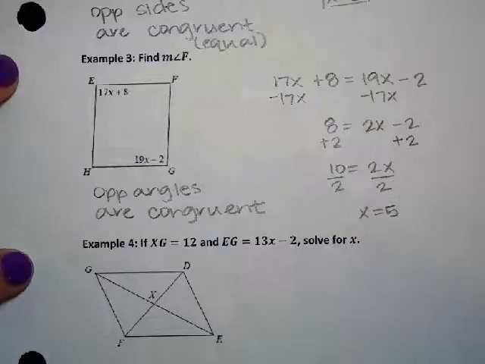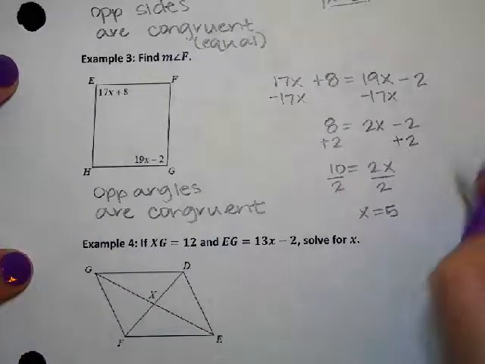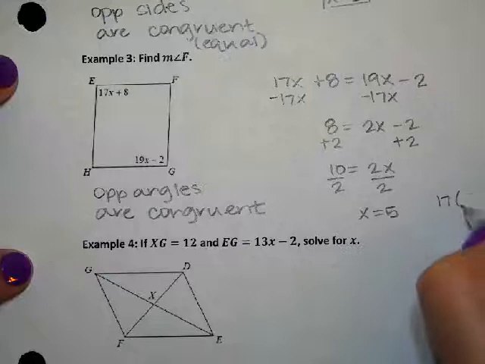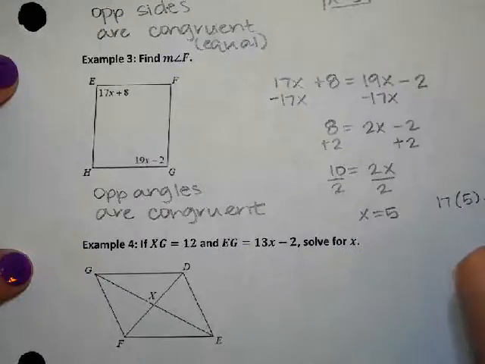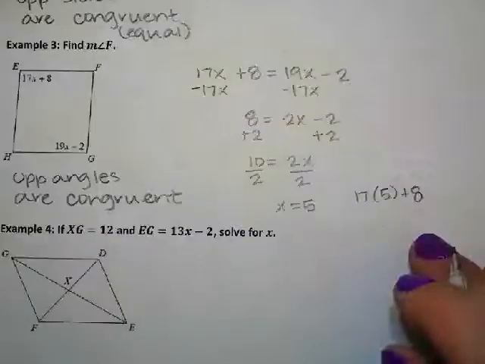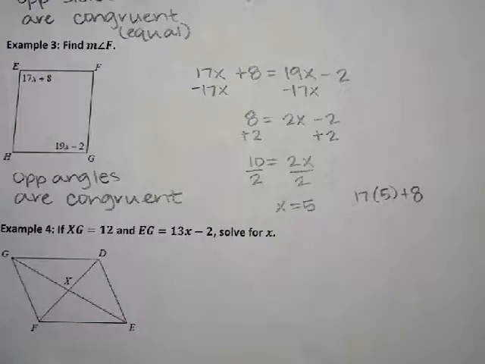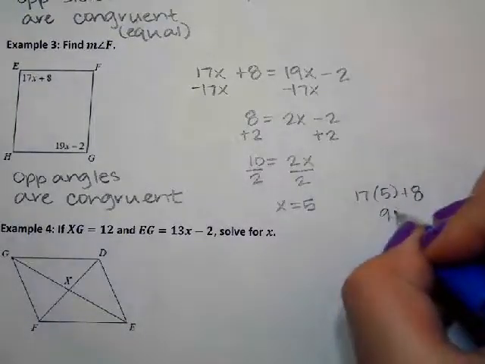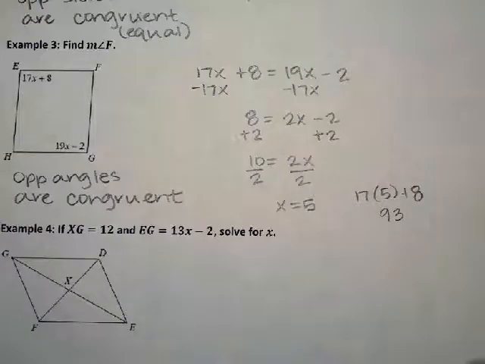Okay, so if I find E, I would do 17 times 5 plus 8. So that's 93. Okay, so this right here is 93.